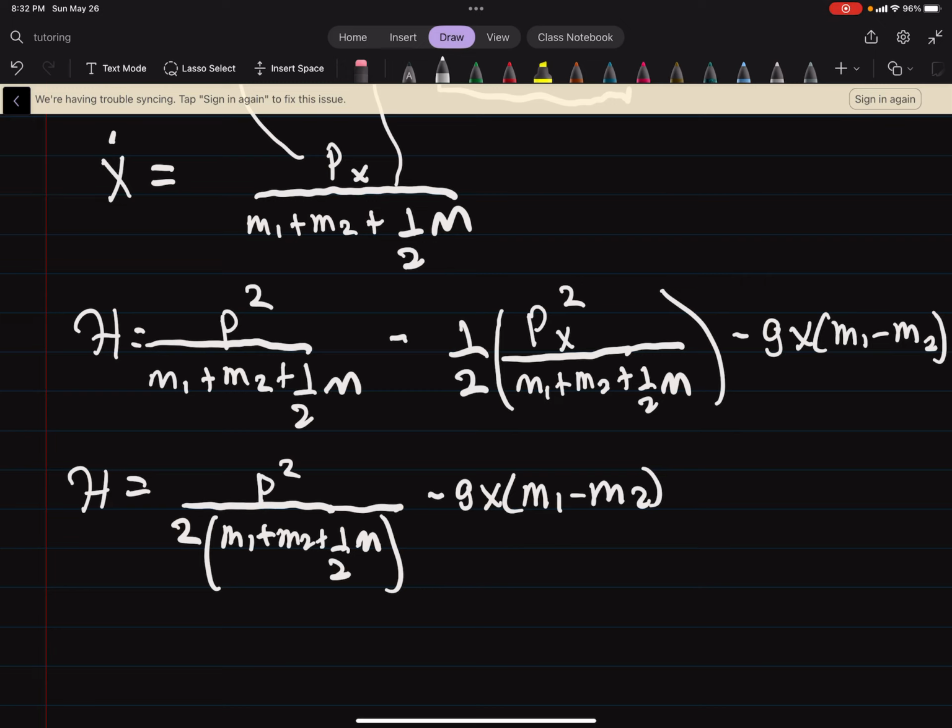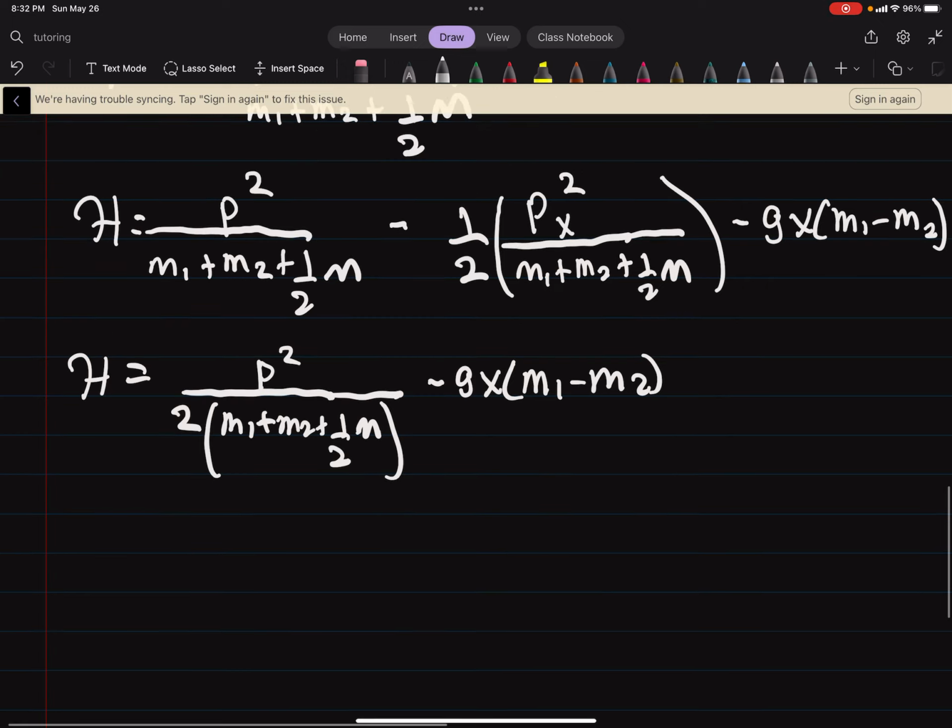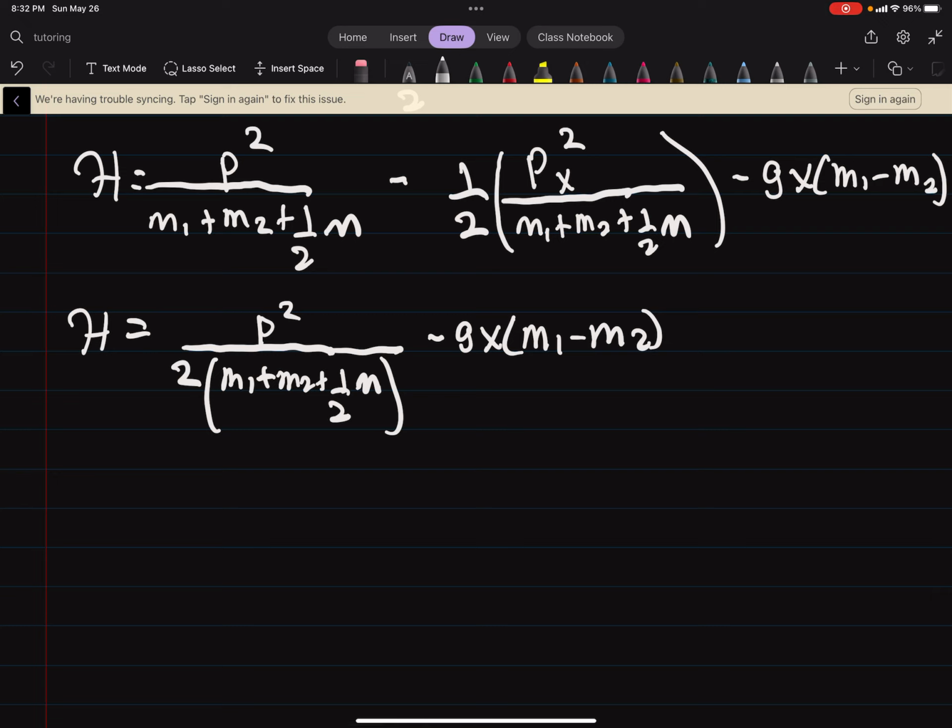Okay, so that's our Hamiltonian. Now we can find our Hamilton's equations of motion. So x dot is the partial derivative of our Hamiltonian with respect to the momentum. So that's pretty straightforward.